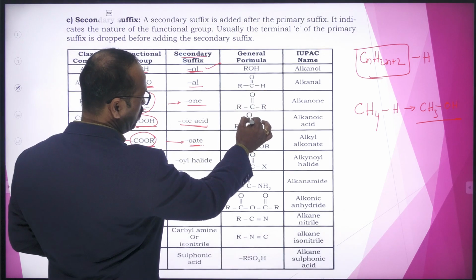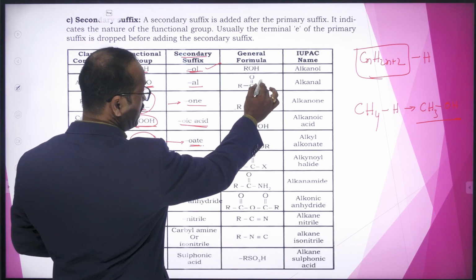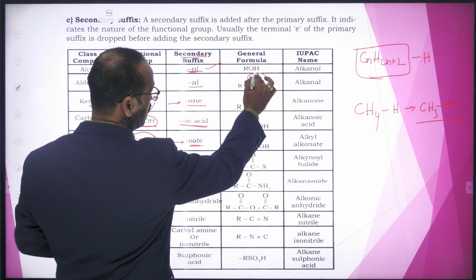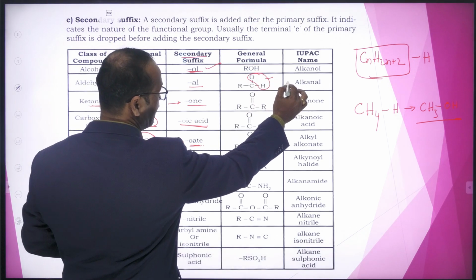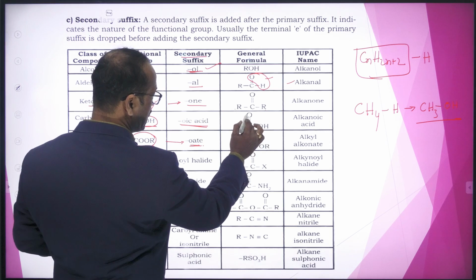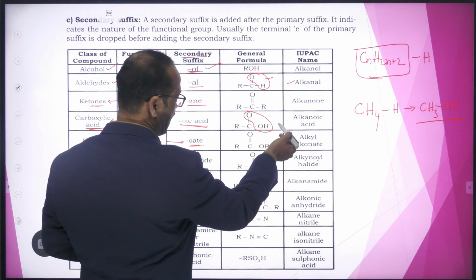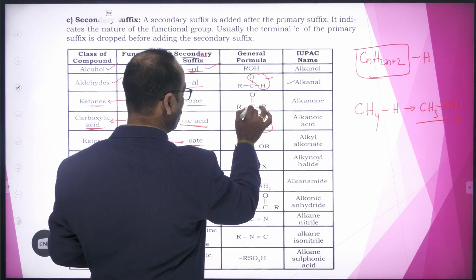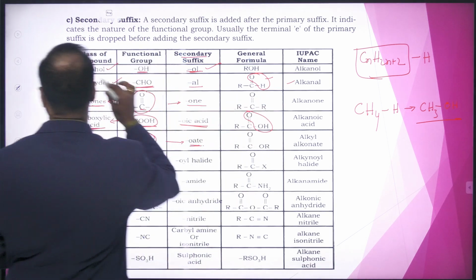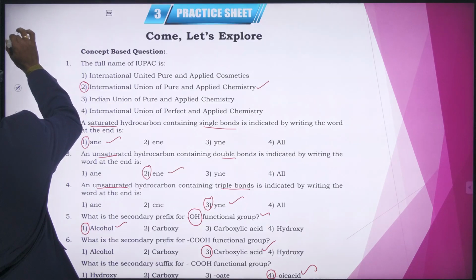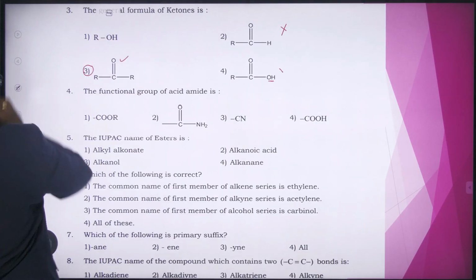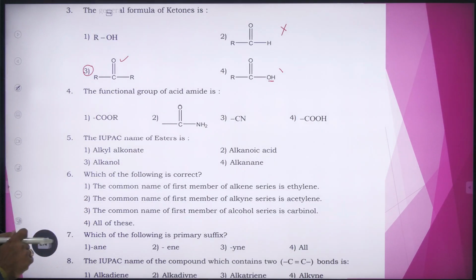Double bond O, double bond O, looking the same, but here it is also attached with hydrogen. So this is called aldehyde, alkanal. And here it is attached with OH, COOH, carboxylic acids. So a ketone means only carbons should be attached with the double bond O. That difference you have to keenly observe.